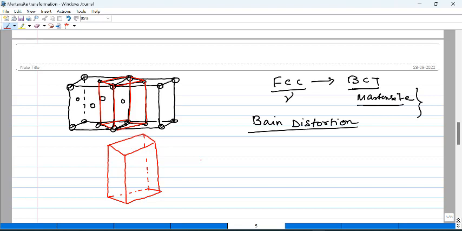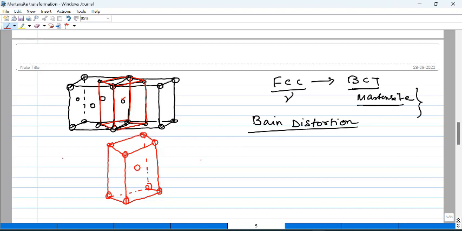Where are the atoms in this cell that we have taken out now? And there is one more which is coming from this face. This face centered atom is coming in the body center of this cell.